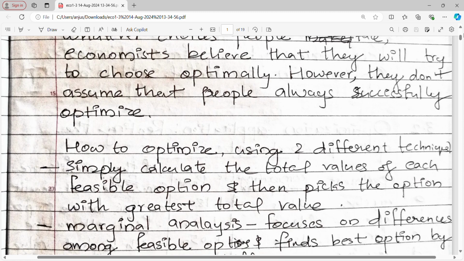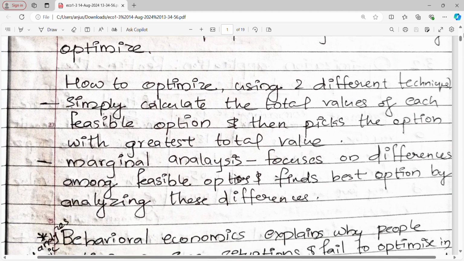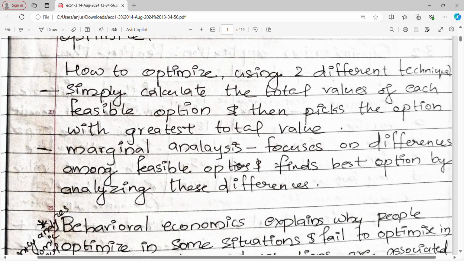Next is how to optimize. Two different techniques are given. The first one is simply calculating the total value of each feasible option and then picking the option with the greatest total value, that is, benefit minus cost.